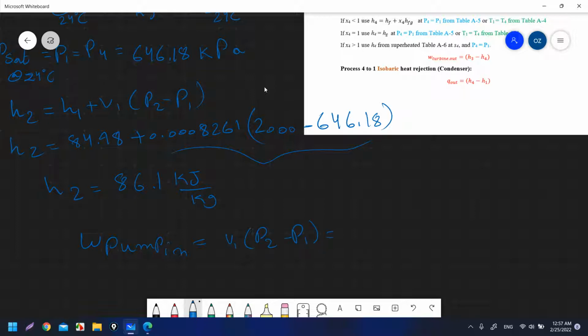V1 is 0.000861 times 2000 minus 646.18, and this will give you that work pump in is equal to 1.118 kilojoule per kilogram.